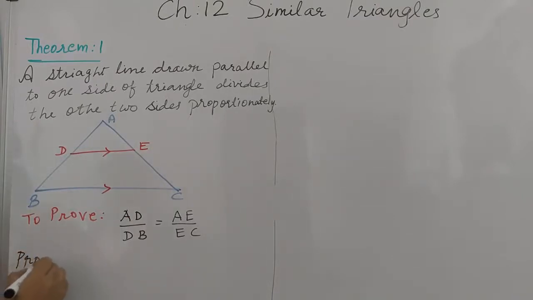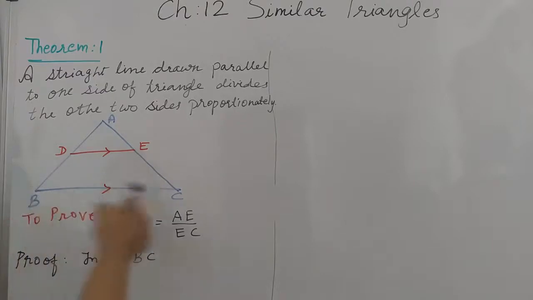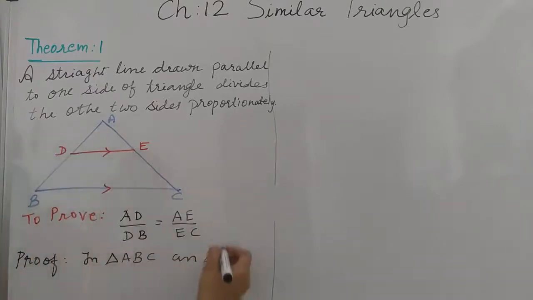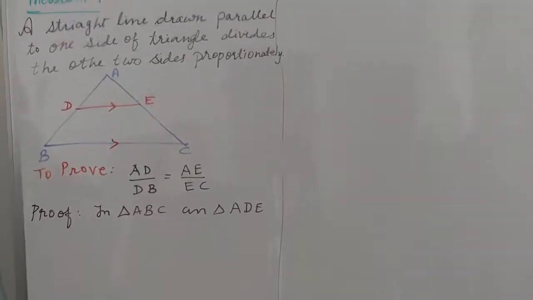So here you have to understand this, students, because using this theorem we are going to solve some examples. Now in triangle ABC, the bigger one, and triangle ADE, the smaller one, in these two triangles, which angles are equal? We have to see here.